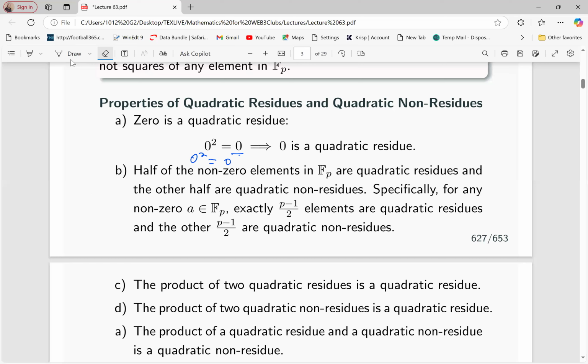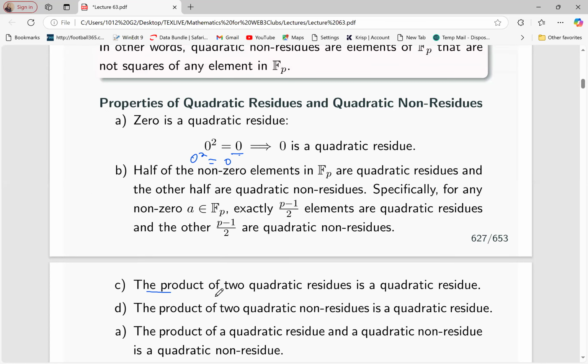Now, the other property I've just said is that if you have 2 quadratic residues and multiply them, the result will also be a quadratic residue. In other words, if you have 2 numbers whose square root you can obtain, and you multiply those 2 numbers, the result will give you a number whose square root you can also obtain.